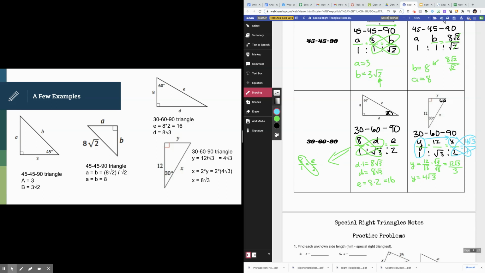But just the one associated with the variable you're trying to find, right? So x ends up becoming 2 times 4 root 3, which is 8 root 3, okay?